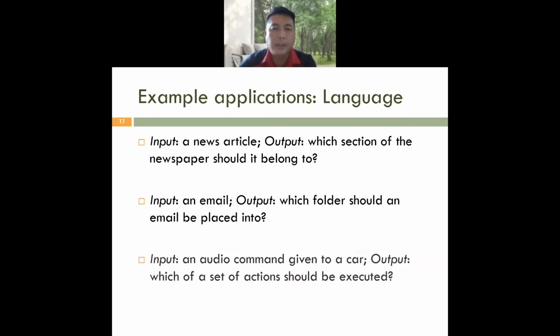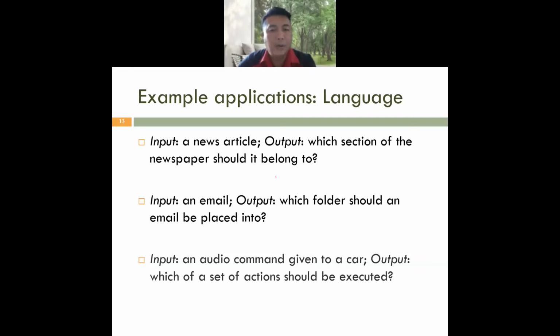This is for language. If you're taking natural language processing or information retrieval, the input here is a news article, and the output is which section of the newspaper it should belong to: sports, politics, economy, business, leisure, and many more, based on the predefined classes that we have.